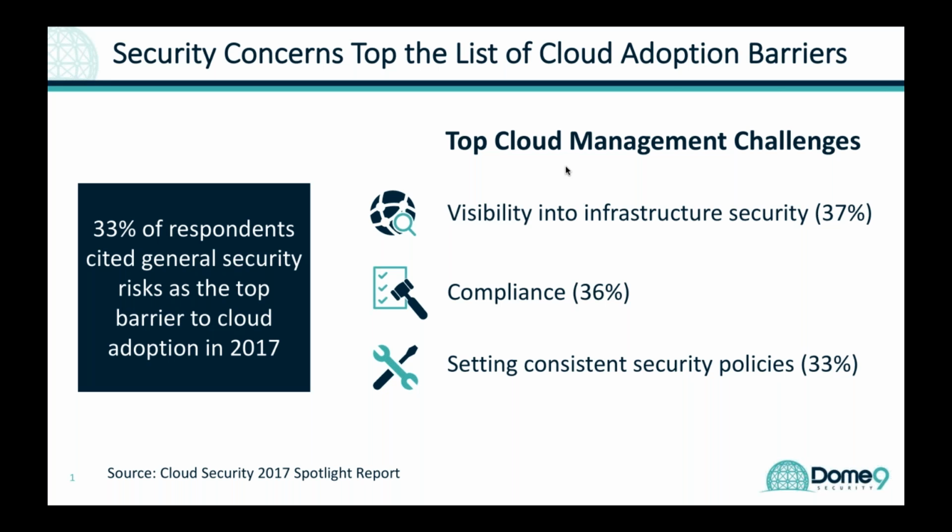Visibility always reigns in, at least in the top two, and visibility can mean different things to different people. But when we think about multi-cloud strategies, visibility takes on an even more comprehensive meaning than in a single cloud.